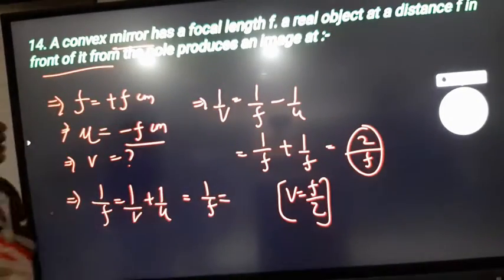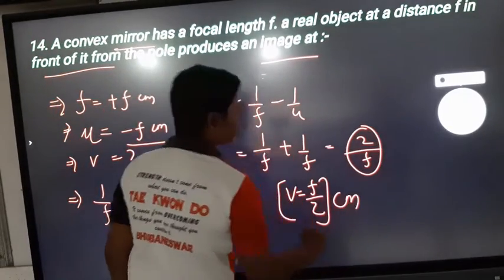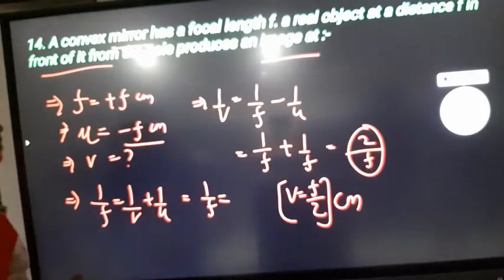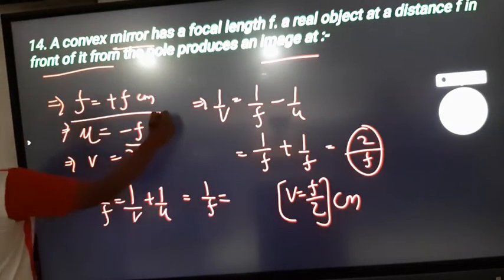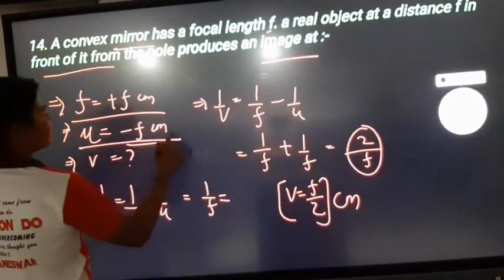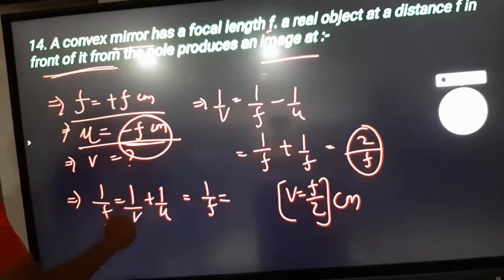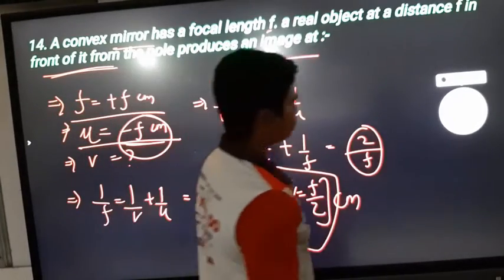The image distance will be positive F by 2 centimeter, meaning half of the focal length, and the image is formed behind the mirror. After calculation we get that the image distance is F by 2 centimeter.